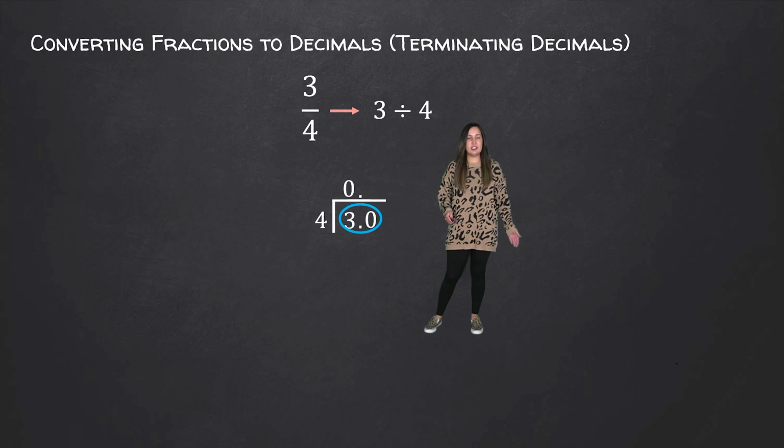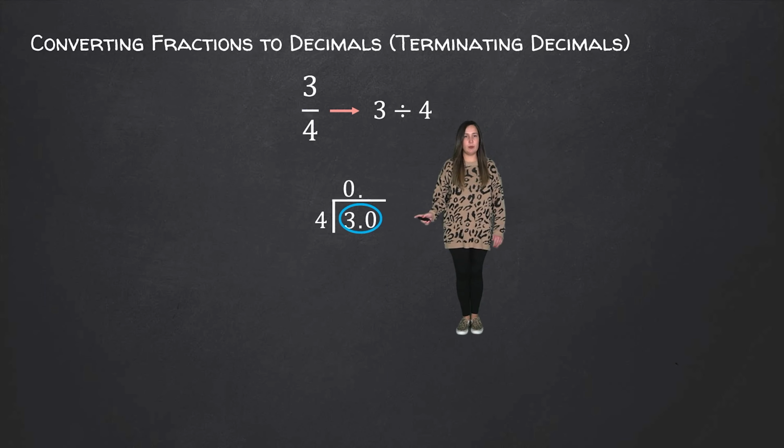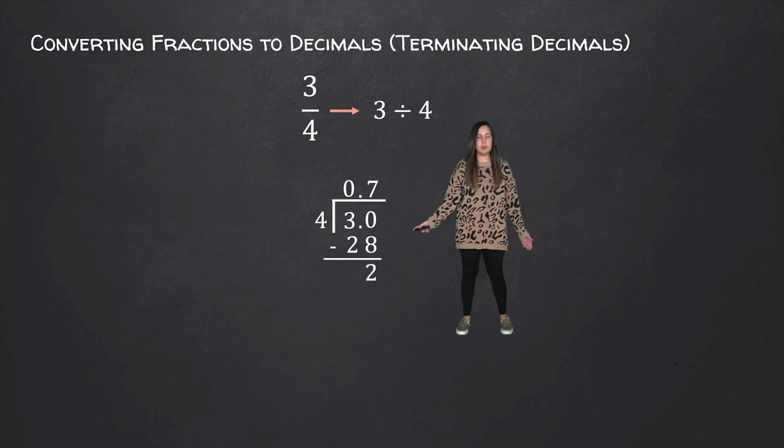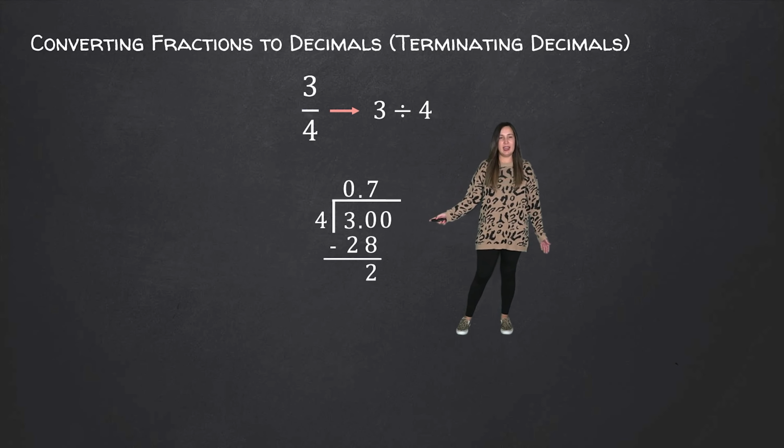And then we ask ourselves, how many times does 4 go into 30? So ignore the decimal point. Well, 4 goes into 30 7 times, and that's because 4 times 7 is 28. So we write the 28 on the bottom, and then we subtract. 30 minus 28 is equal to 2. Since we have a remainder, let's add another 0, and then bring that down.